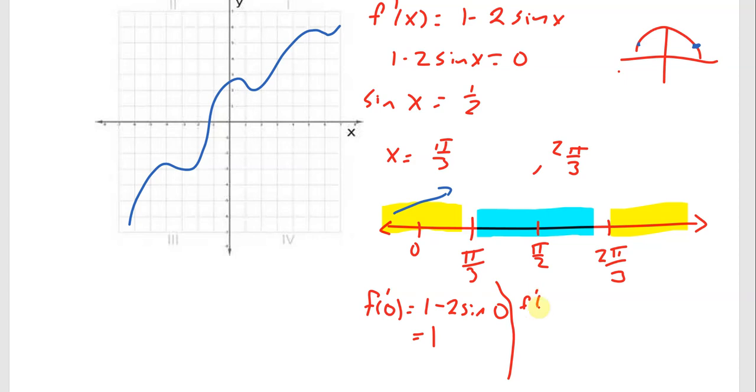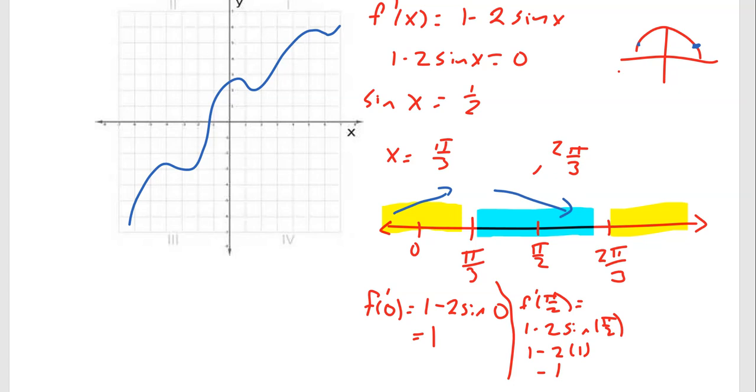So f prime of pi over 2, just for the sake of room, I'm going to write below here, is 1 minus 2 sine of pi over 2. Now, sine of pi over 2 is equal to 1. So we get 1 minus 2 times 1, which would be a negative 1. So again, I know this derivative is negative, so it's headed downhill.